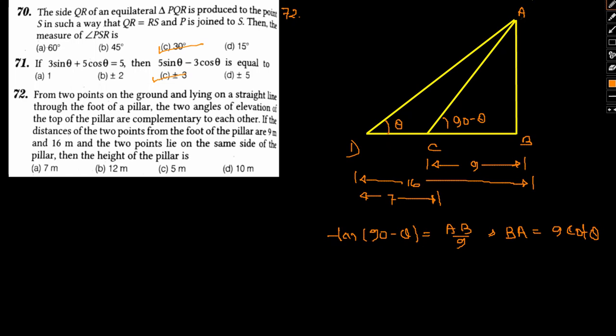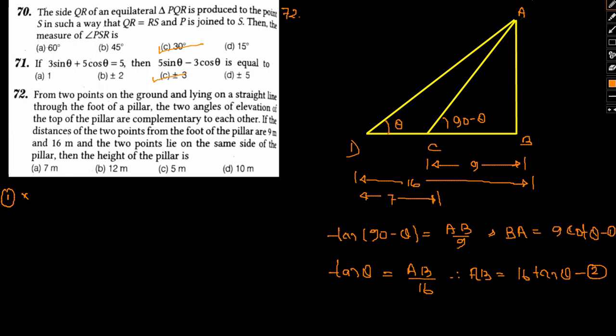Okay. Similarly, tan theta can be written as AB by 16, therefore AB is 16 tan theta. Okay, I hope this is clear. Now let me do one thing. Say this is equation 1, this is equation 2.